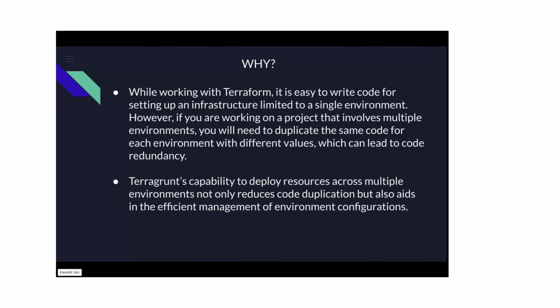For production, we would be asking for more powerful CPU and memory optimized resources. For QA and stage, maybe lesser. So we can decide what type of resources we want to deploy in different environments using Terragrunt.